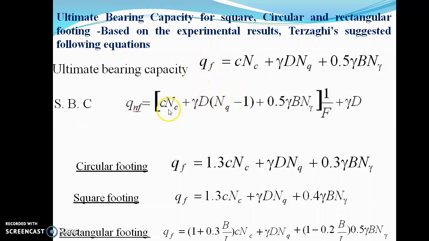We are just taking QF as it is, dividing the first term QF by factor of safety plus surcharge. Then, based on the shape of the footing, the equation slightly modifies. So you'll have to memorize these equations because in numericals we'll be requiring them.